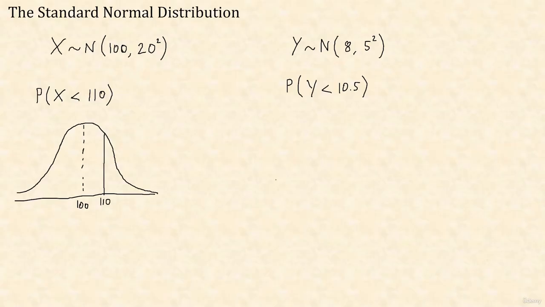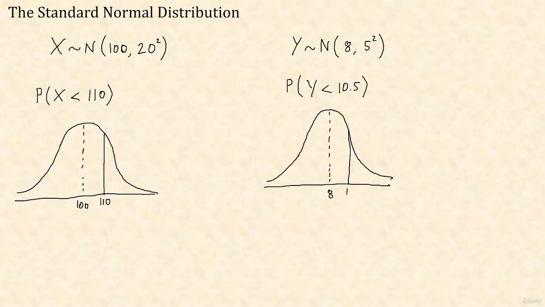Now, suppose I think about the same thing over here. So here's the normal distribution representing y, and let's put in the mean, which is 8, and then we wanted to know what's the probability of being less than 10.5. So here's why these are the same.